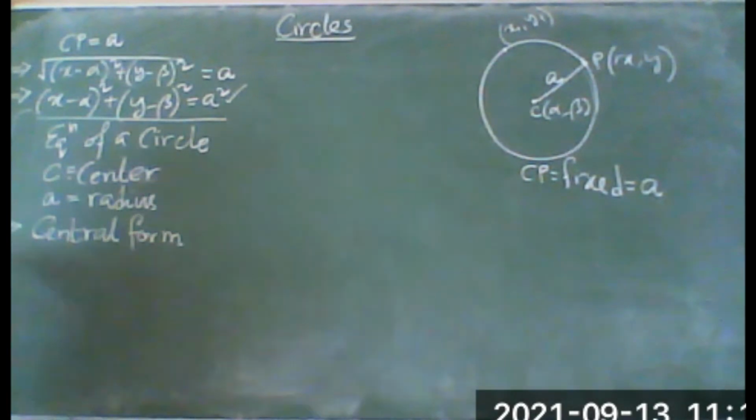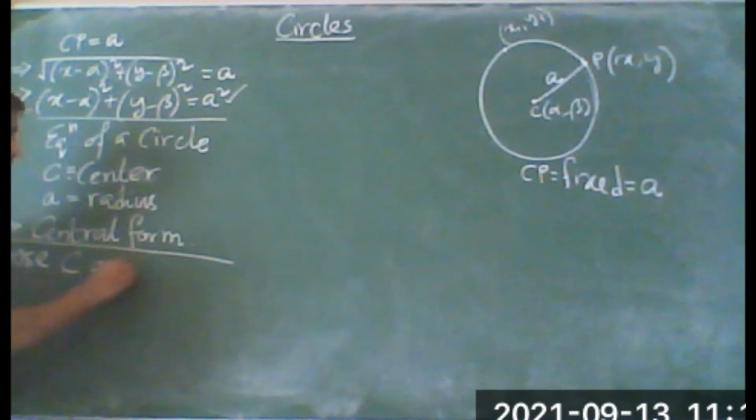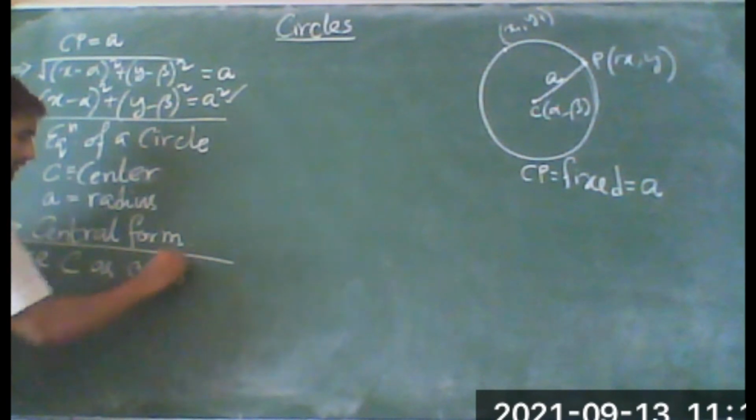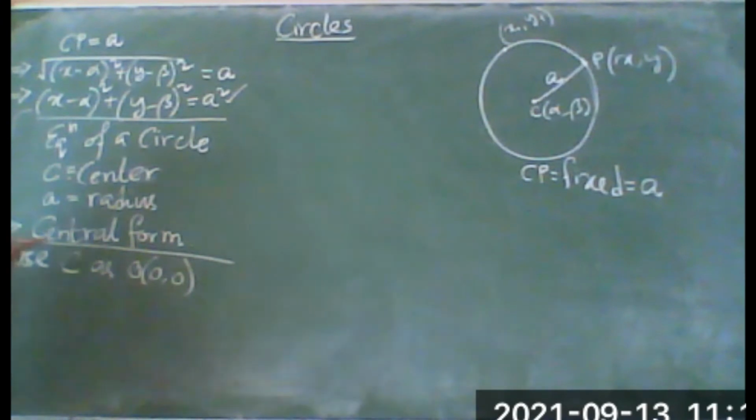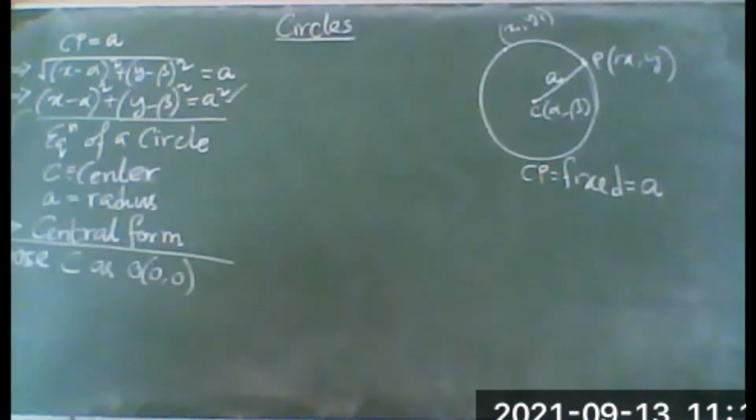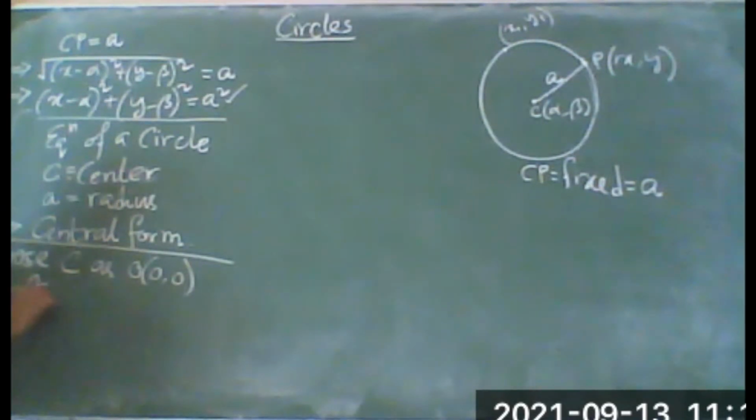Now in particular, if I choose the center C as the origin, what do we get for the equation? We get x minus 0 whole square plus y minus 0 whole square is equal to A square, which we can write as x square plus y square is equal to A square.